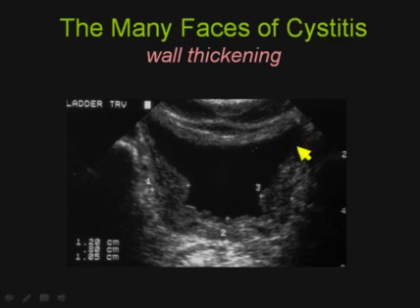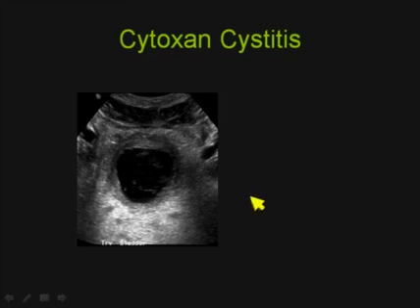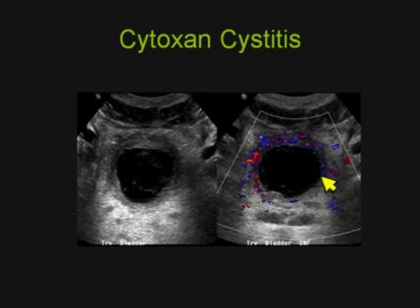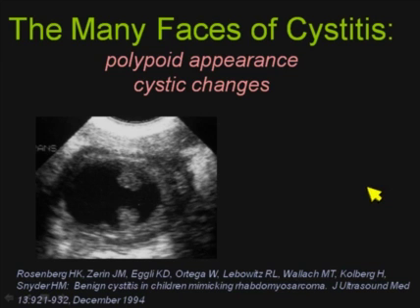Here's an example of one of the many phases of cystitis sonographically. There's lobulated wall thickening. In this patient who was treated with Cytoxan for a bone marrow transplant, there were continuing problems with cystitis, thickening of the wall, septations within the bladder lumen, and with color Doppler there is hypervascularity throughout the bladder wall.